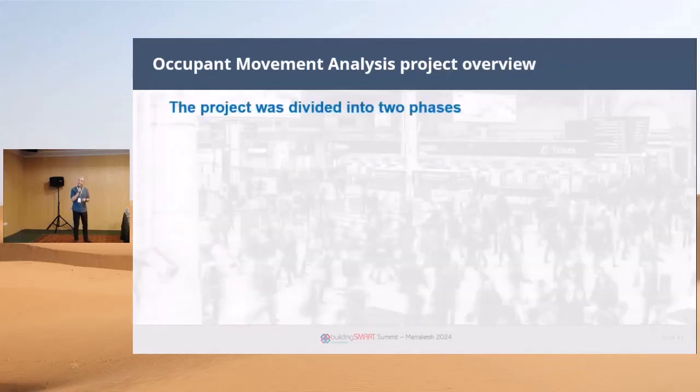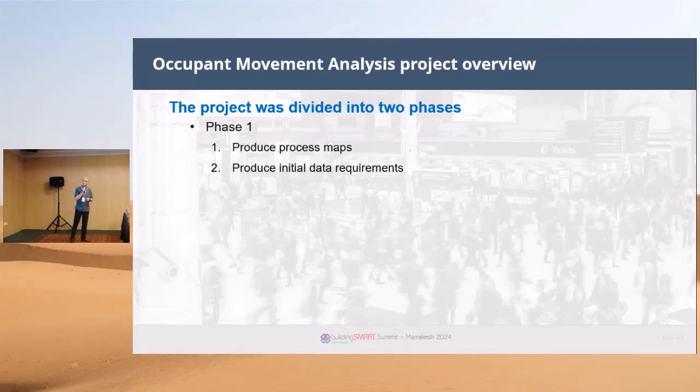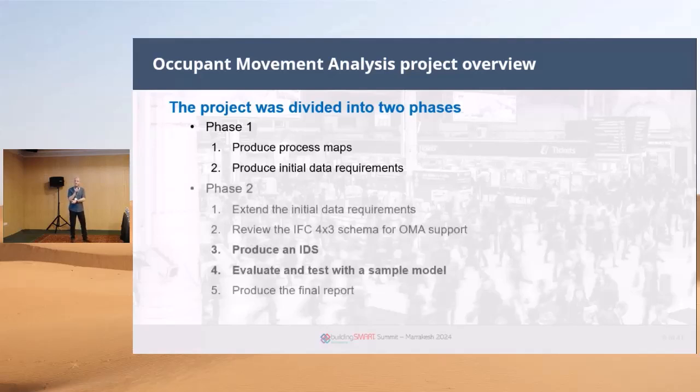Project overview: it was basically divided into two phases, which is the standard way of developing a new IDS now. Phase one, to produce process maps of the workflows and processes. We sat down with fire safety engineers and architects to work out the workflow they went through, and then produce some initial data requirements to achieve that workflow as well.